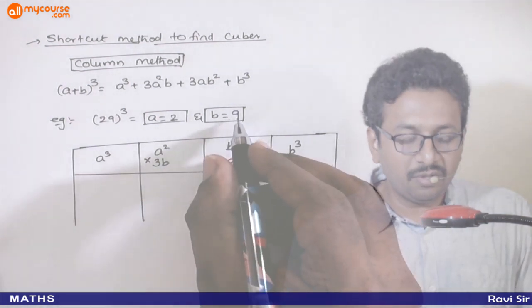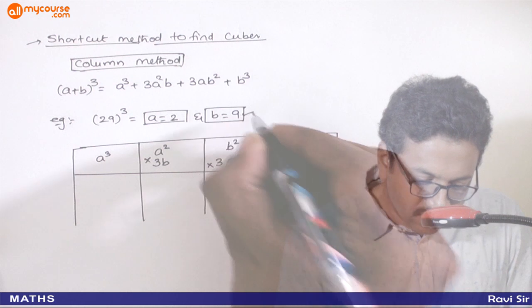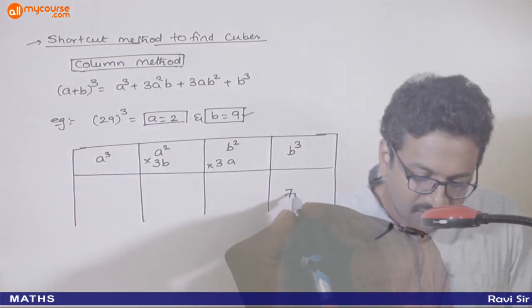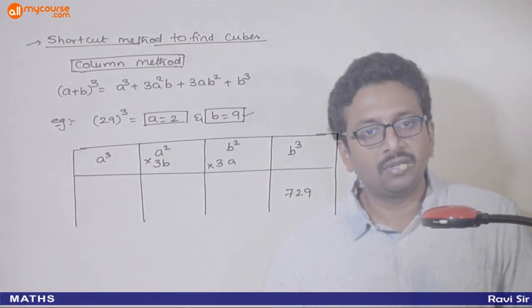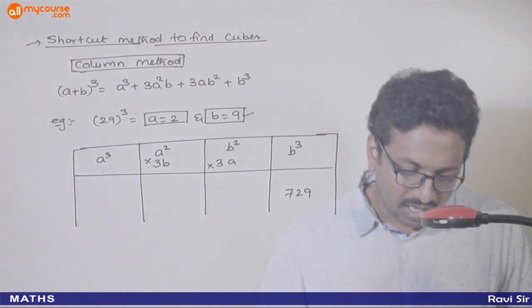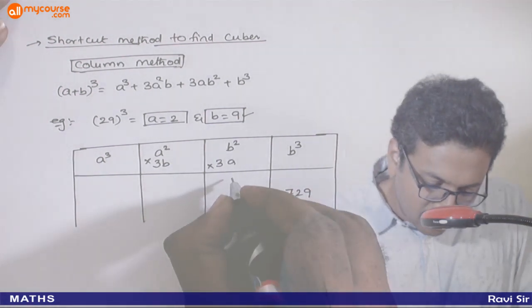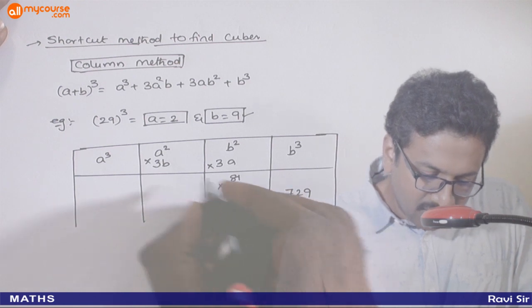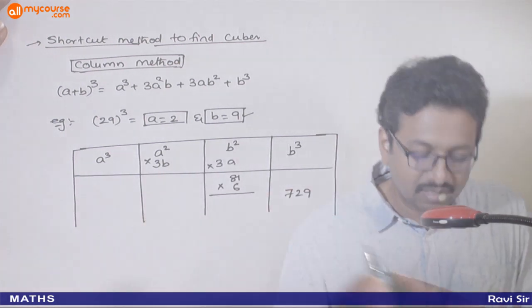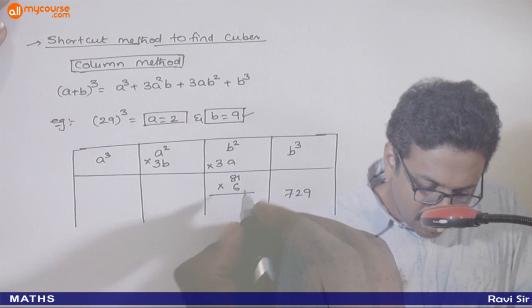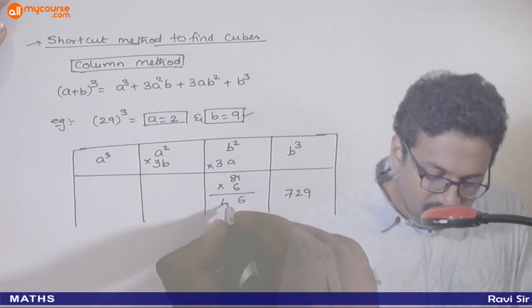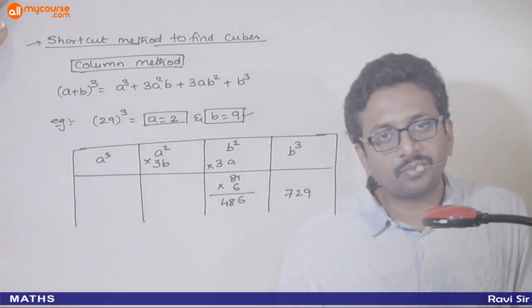So what is b cube? B is 9 here, so 9 cube is 729. Next, what is b square into 3a? B square is 81 into 3a, which is 6. 6 8s are 48, so 486.